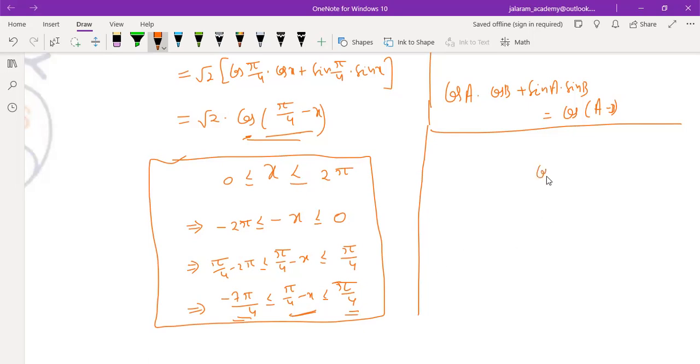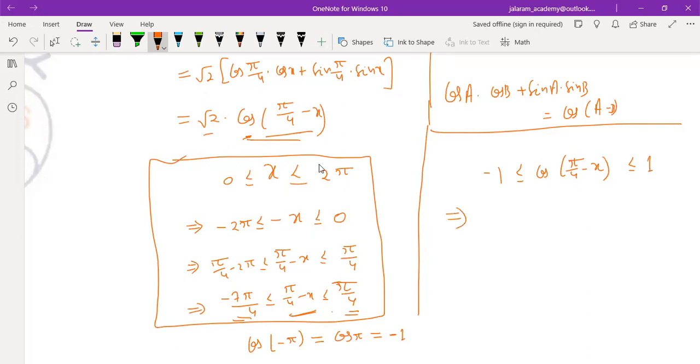Is that clear to you? So the maximum value of cos(pi by 4 minus x) will be 1. And minus pi will also lie between this or not? Yes, sir. Cos of minus theta is cos theta, and the value of cos pi is minus 1, and we know that the minimum value of cos is minus 1. So in this given interval, cos(pi by 4 minus x) is lying between minus 1 to 1.